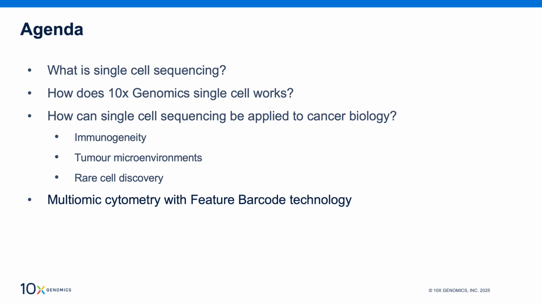After understanding all this theory, we can then proceed to how we can apply single cell sequencing to cancer biology studies, in terms of immune heterogeneity, tumor microenvironments, and rare cell discovery, and lastly we will look at multiomic cytometry using the Feature Barcode technology.